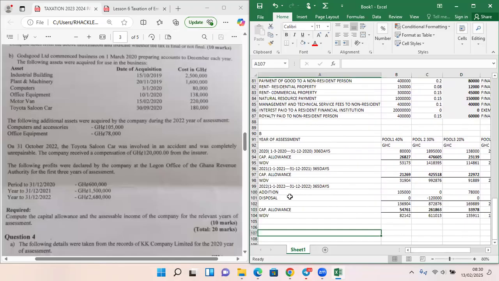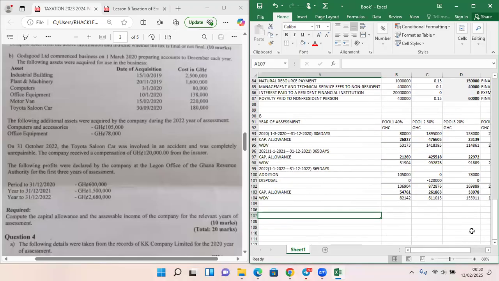So this is it up to this point. And then now they told us to compute the capital allowance. We are done with that, and then we should compute the accessible income for the company for the relevant years.